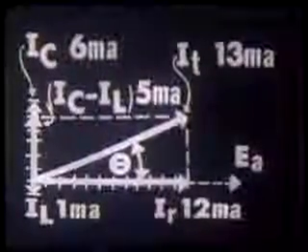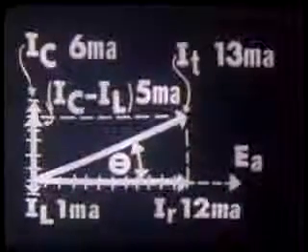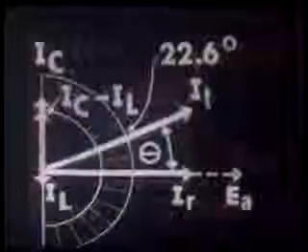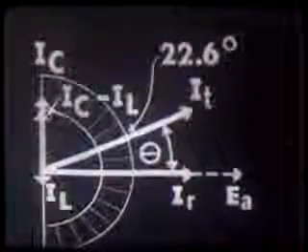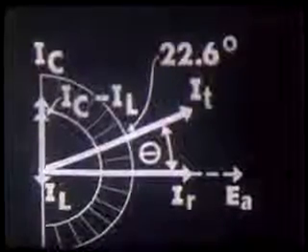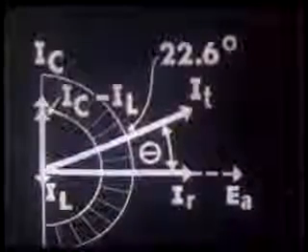Remember, theta is the angle with which current leads or lags the applied voltage. Here it's leading. We could measure this phase angle with a protractor, and it would read 22.6 degrees. This would be plus 22.6 degrees because we have a leading phase angle.